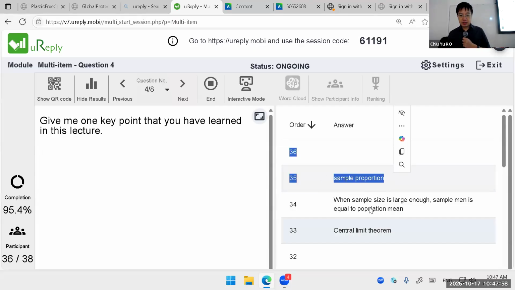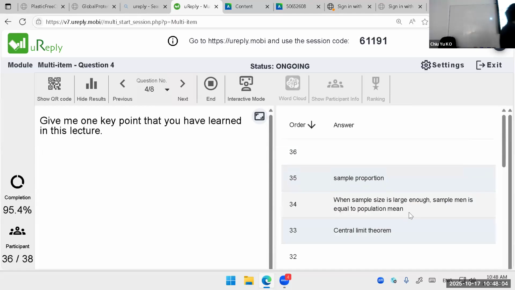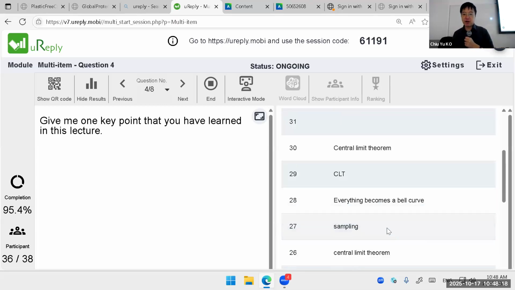Sample proportion, yes. When the sample size is large enough, the sample mean is equal to the population mean. That is the law of large numbers. And the central limit theorem means when the sample size is large enough, the sample mean looks like a bell curve. That is the central limit theorem. Everything becomes a bell curve? Not everything, right?